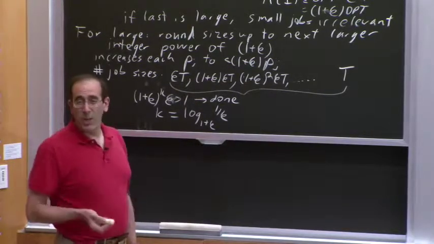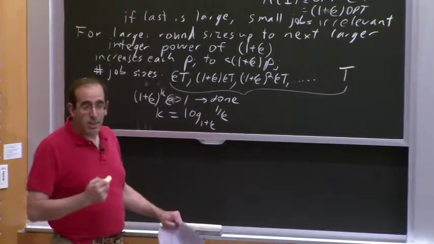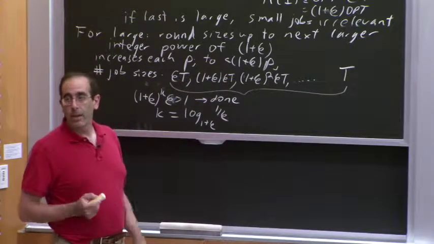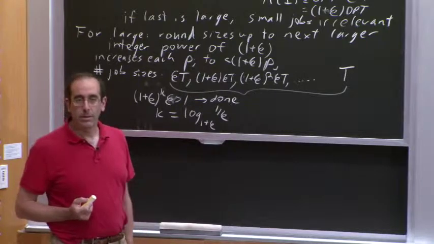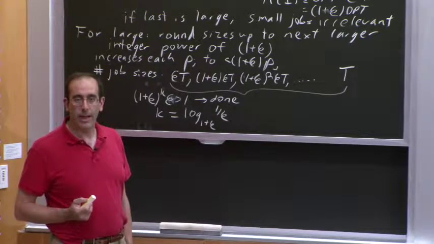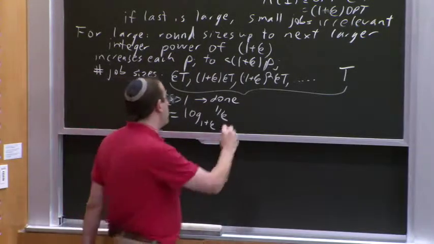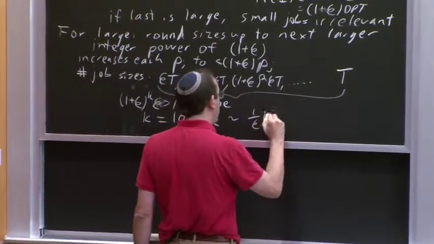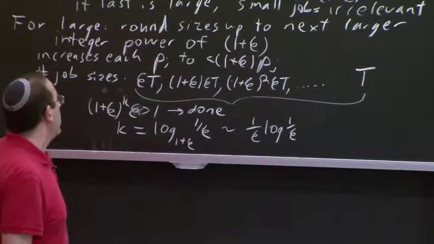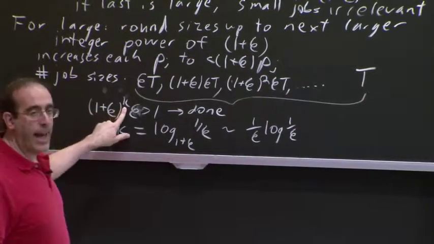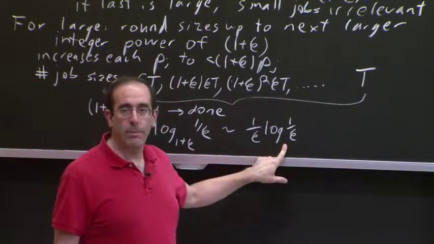And that's a weird number, but it's a constant. You give me epsilon, I give you k. If you do want to simplify this, this is roughly 1 over epsilon log 1 over epsilon. Okay? So I can read off a k that depends only on epsilon.